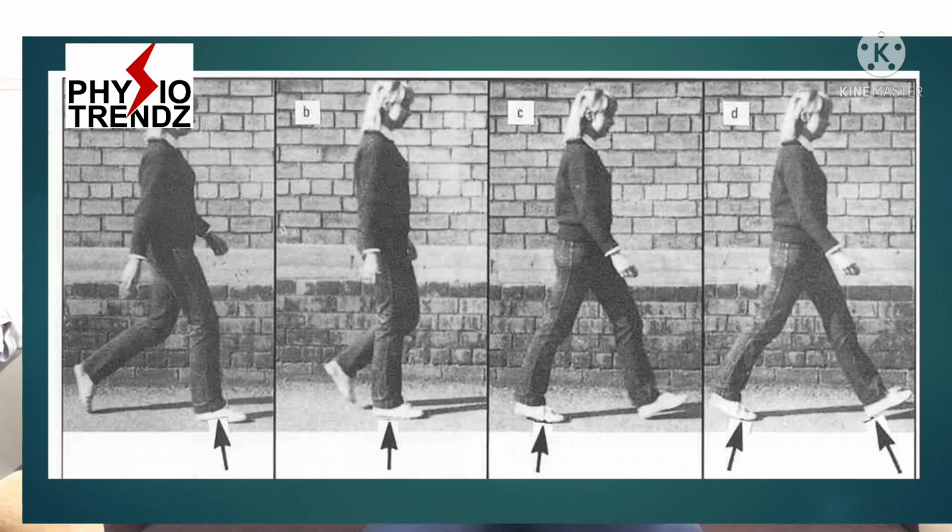As you can notice here, during the heel strike the ground reaction force line will be like this, going in this direction. It is not completely straightforward; it is slightly oblique. In foot flat and mid stance, it will be straightforward. Again, at heel off and toe off, the direction of the ground reaction force changes.